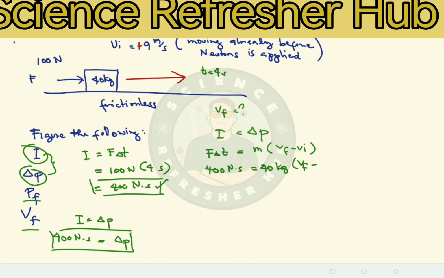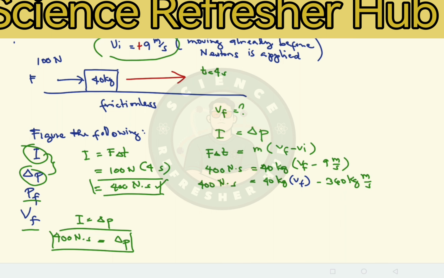Then our final velocity is unknown. Initial velocity is 9 meters per second. So 40 kilograms times our unknown minus 40 times 9. The answer is 360 kilogram meters per second.